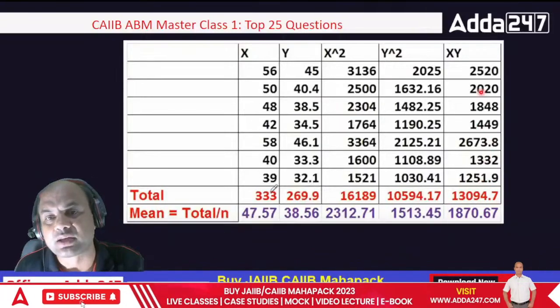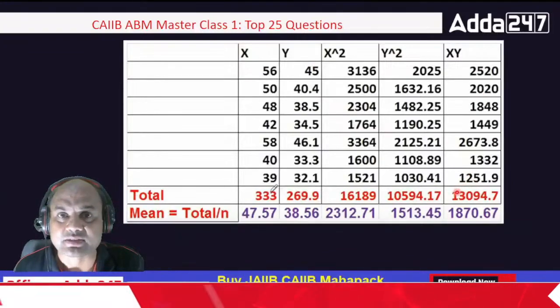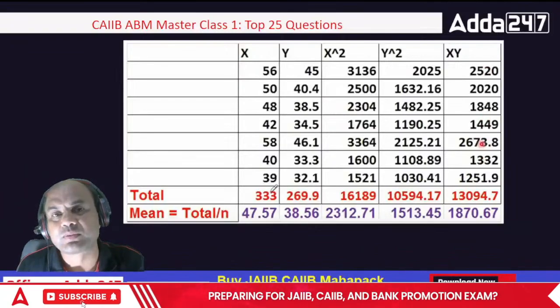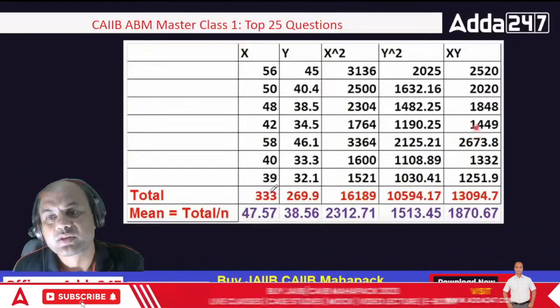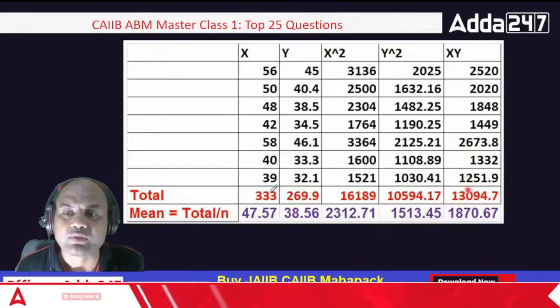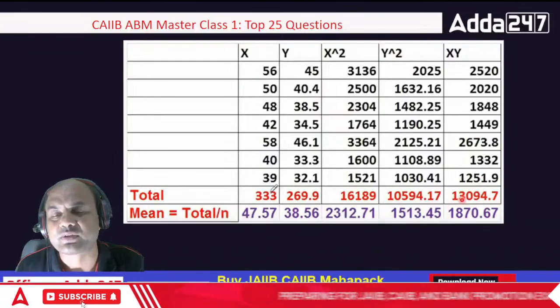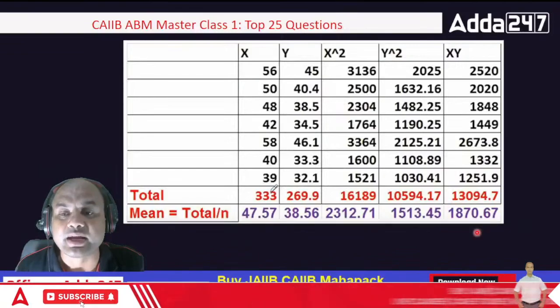Everyone try this total, this multiplication. Type in the comment section. Everyone should try because in the exams there won't be anyone to help you. It's only you and you. So 13094 divided by 7 gives 1870. So this is what you have got as 1870.